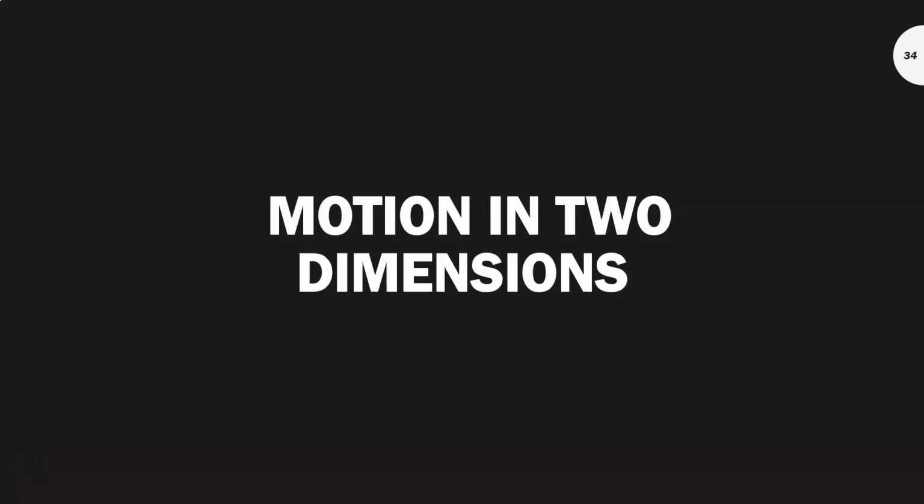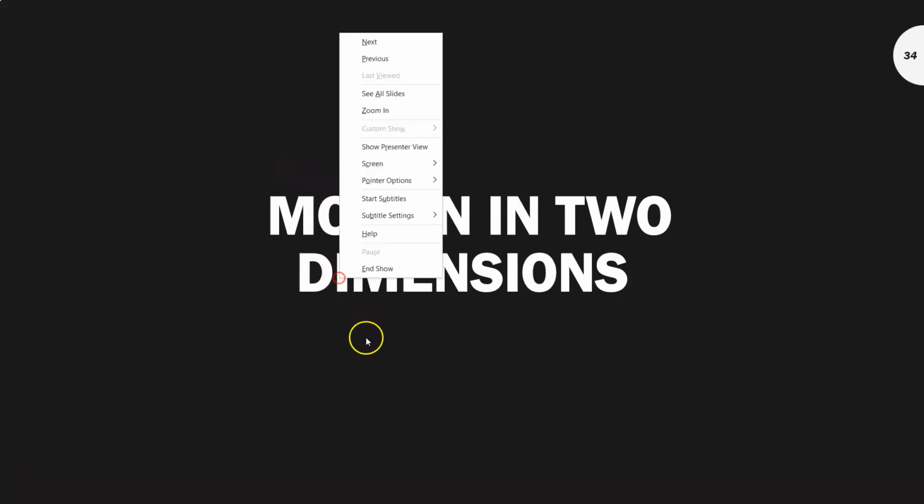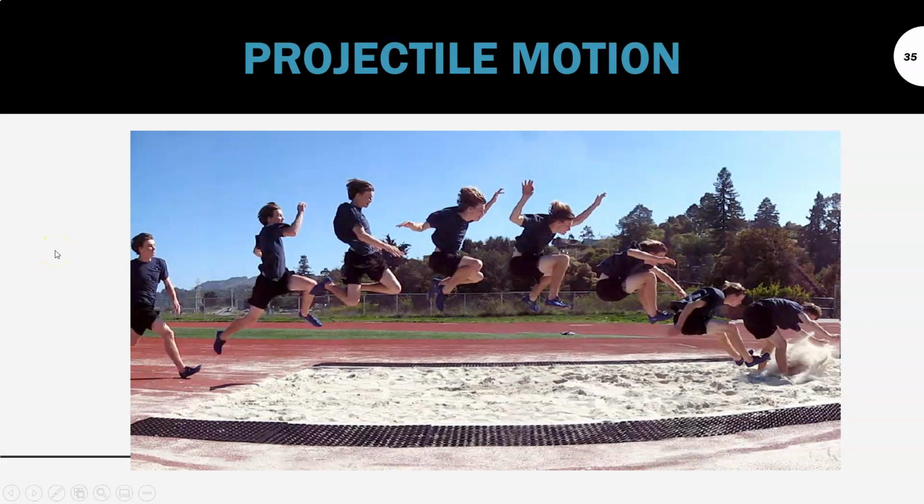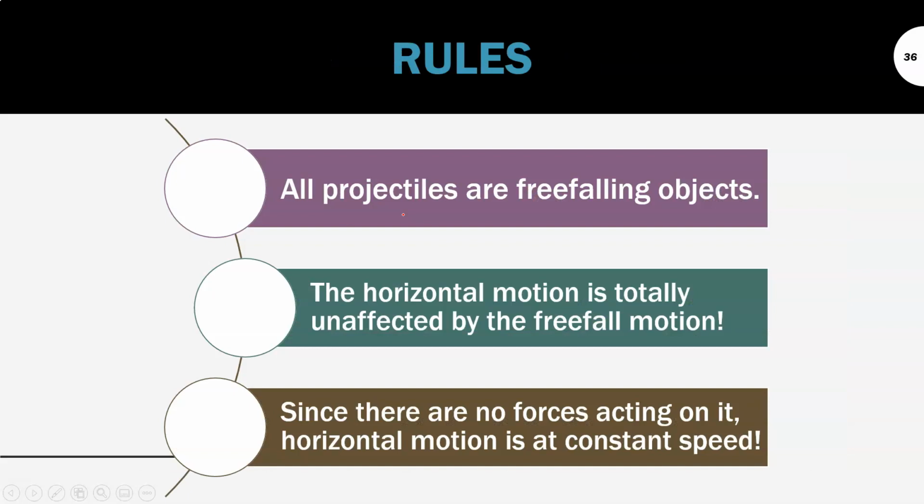Hi again. So this is the last part of this chapter, kinematics in 2 dimensions. Now in this topic we will mostly talk about projectile motions. Before we continue, you should know the rules when you want to understand the kinematics in projectile motion.